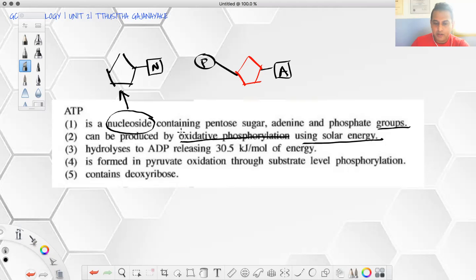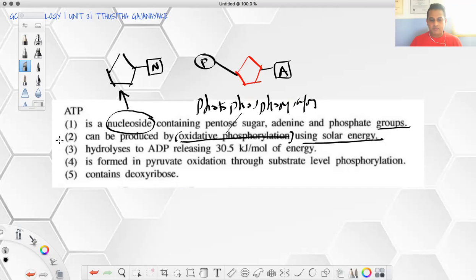The exact process is called photophosphorylation. The right word is photophosphorylation. It's very tricky that oxidative phosphorylation and photophosphorylation are very close. We can easily be tricked into the wrong answer too.